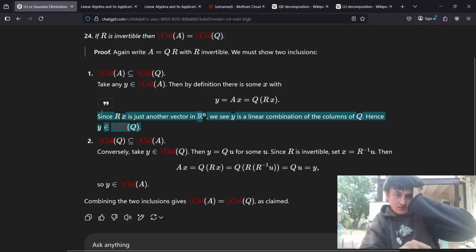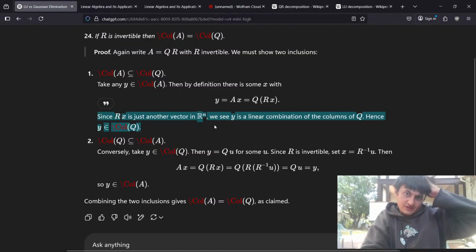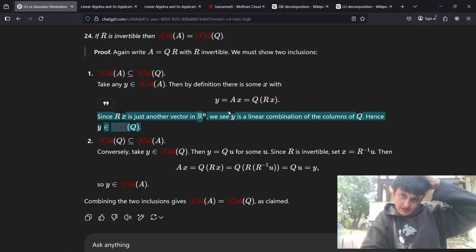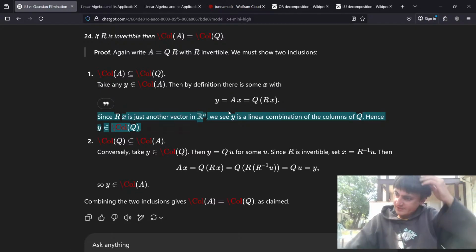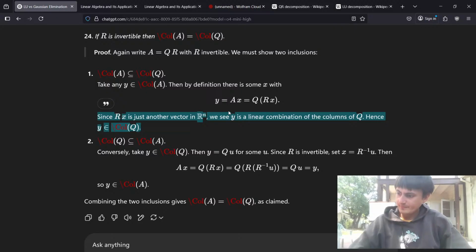Oh, since Rx is just another vector in Rn, we see y is a linear combination of the columns of Q. Since Rx is in Rn, then Q times Rx is equal to y. So we just let Rx equal x prime, and we're good.